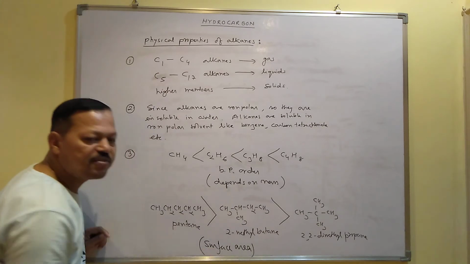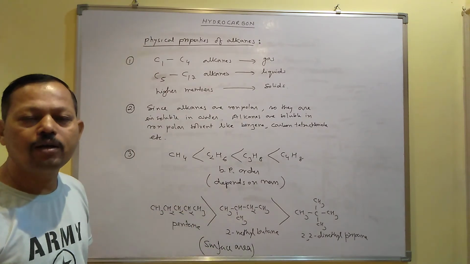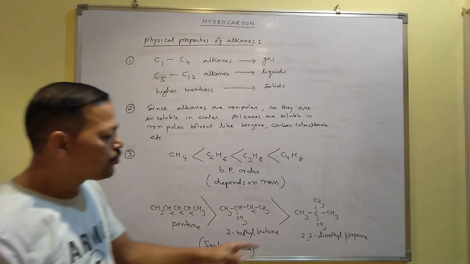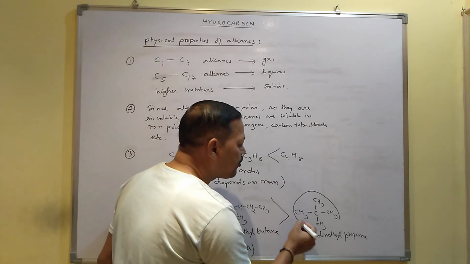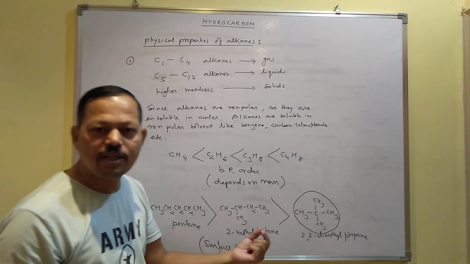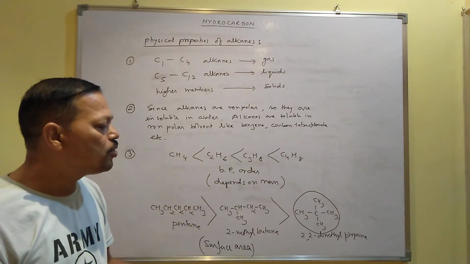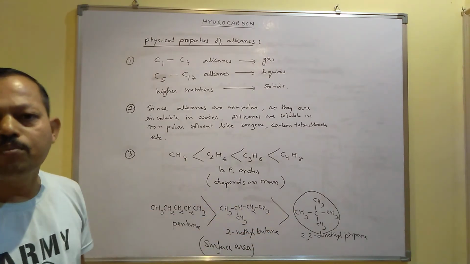Greater the surface area, greater will be the boiling point. As you know, when double branching takes place, the molecule will adopt a spherical shape, and spherical shape has lower surface area, and due to this lower surface area, 2,2-dimethyl propane has a lower boiling point.